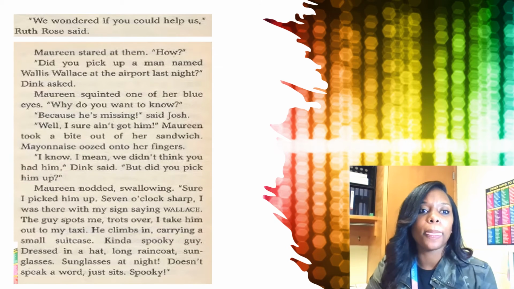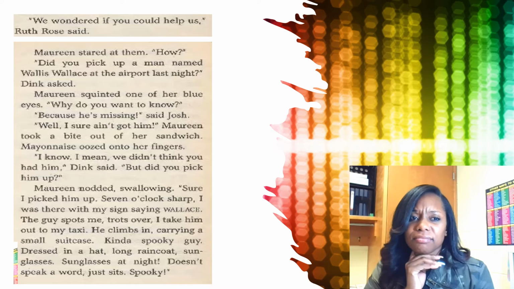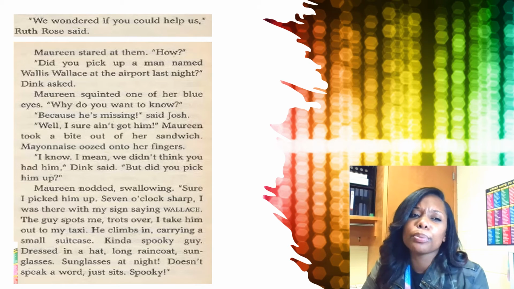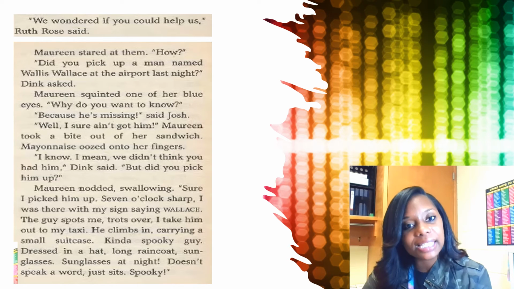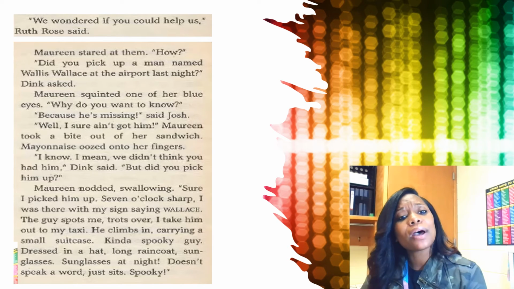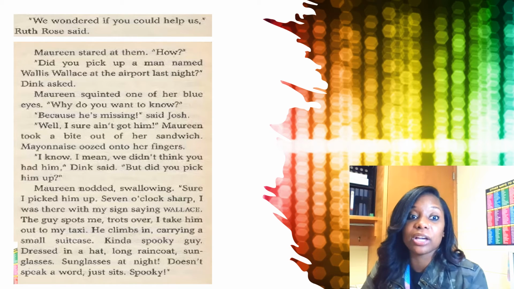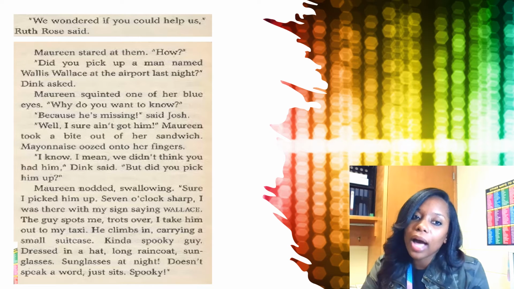We wondered if you can help us, Ruth Rose said. Maureen stared at them. How? Did you pick up a man named Wallace Wallace at the airport last night? Dink asked. Maureen squinted one of her blue eyes. Why do you want to know? Because he's missing, said Josh. Well, I sure ain't got him. Maureen took a bite of her sandwich. Mayonnaise oozed onto her fingers. I know.